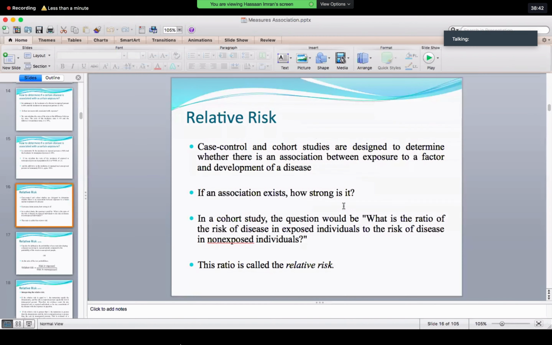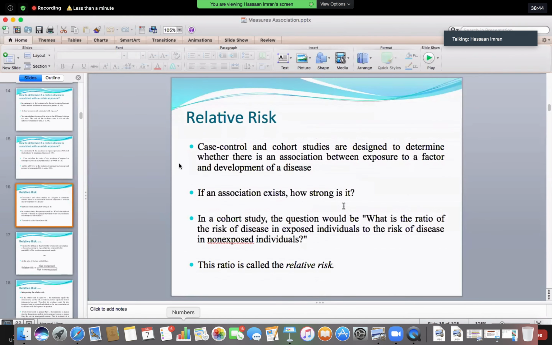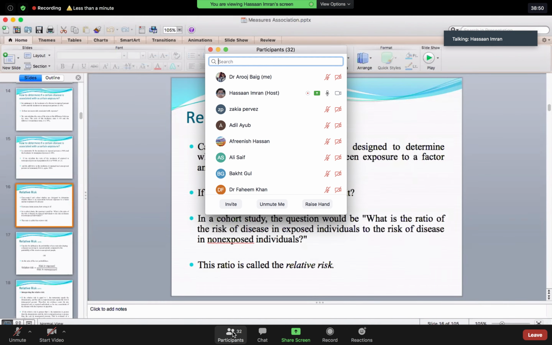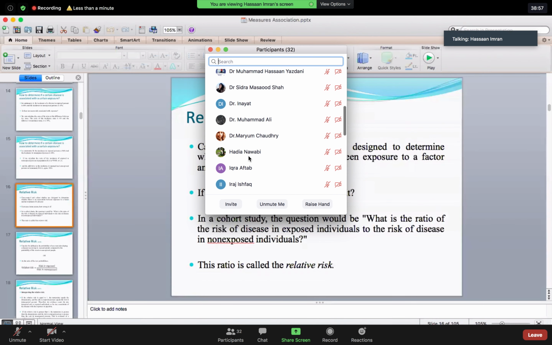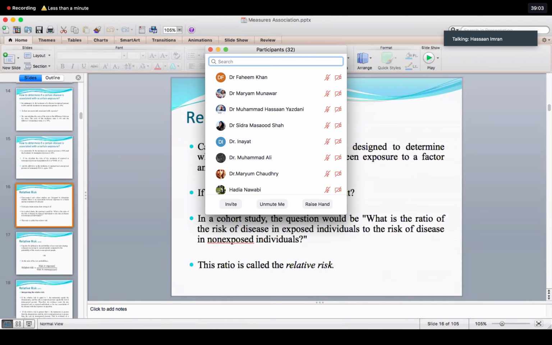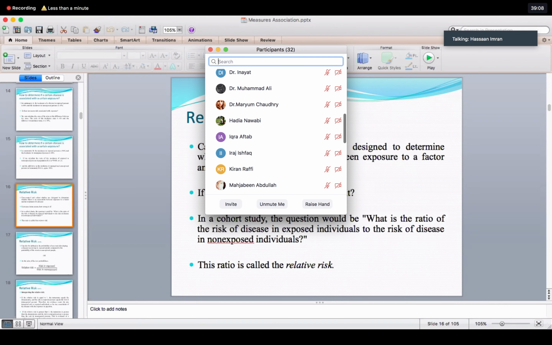If there is a positive association, this means that as the risk is increasing, the probability for developing disease is also increasing. But if the risk is decreasing, the probability of having a disease is also decreasing. So that is what a positive association is. If one factor is increasing, the other is also. We also call it dose-response relationship.